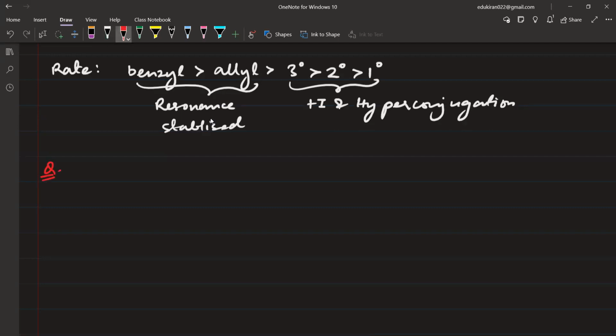No, write the question. Write the major products for the following.